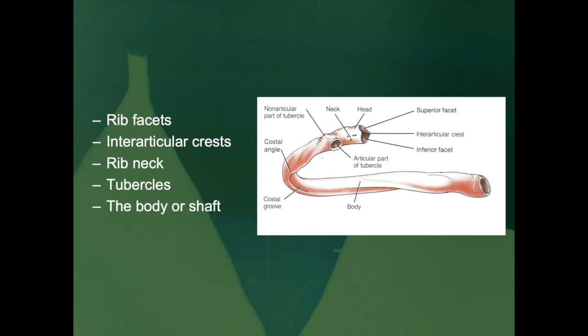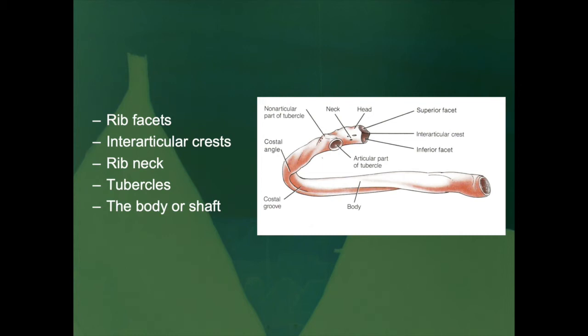And it, like the head itself, which has its own superior and inferior faceting, will then articulate with 2 different thoracic vertebral elements. So let's just review this for a moment to make sure we distinguish between the head and the tubercle, at least the articular part of the tubercle.